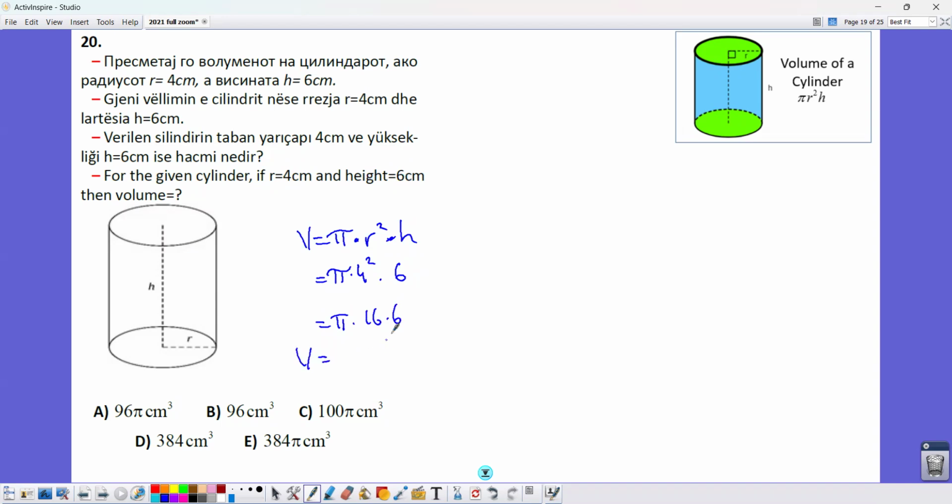So 6 times 6 is 36, 3 in mind, 1 times 6 is 6, and 3 in mind, 9, 96 pi centimeter cube will be your result, which is A. If in the question it was given that pi is 3, you could multiply by 3, but because it's not given, you will leave it as it is.